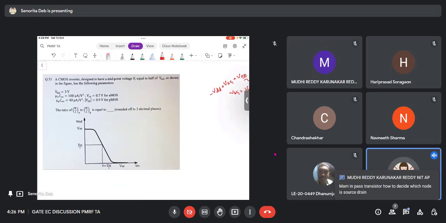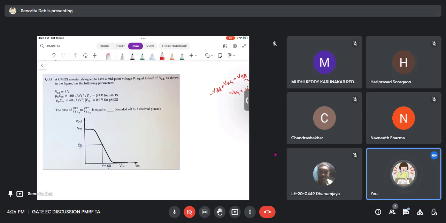Source and drain is always decided with respect to which is having the higher voltage, in NMOS and PMOS. In any case, source and drain is always decided with respect to which voltage was higher. And in a pass transistor, actually it is just the passing of the voltage, like input to output, that matters most.